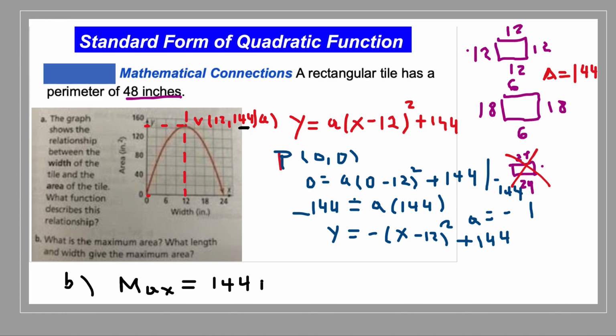We already got this one. And it asks for the width that gives the maximum area, and the width that gives the maximum is equal to 12 inches. So we already answered this question.